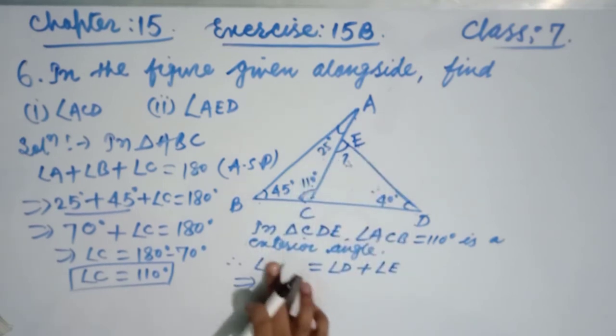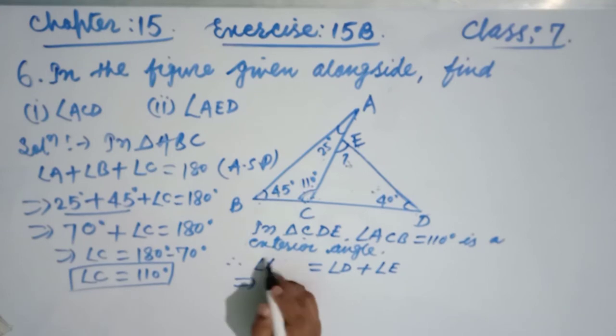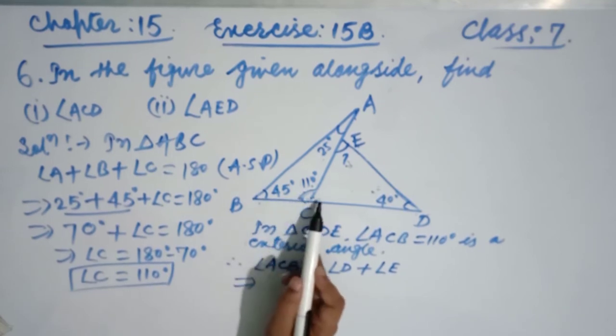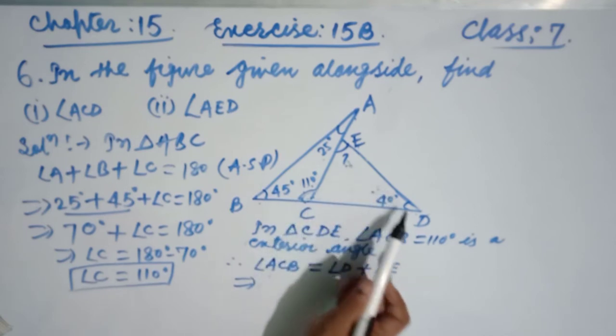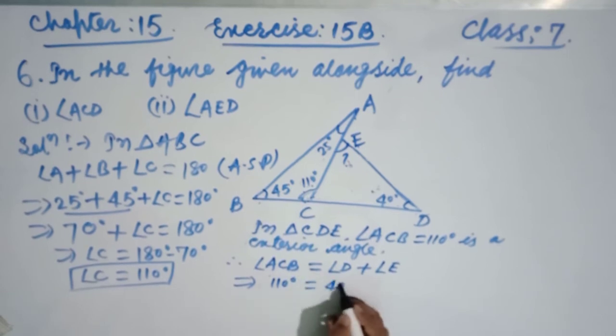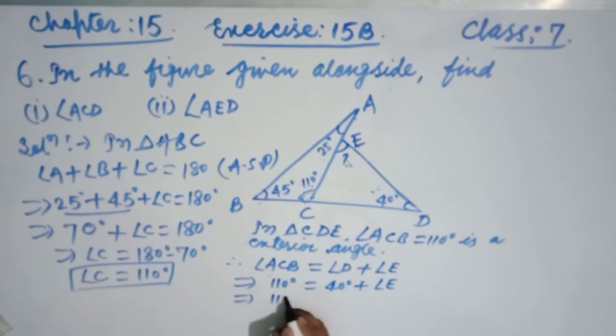Sorry, actually this angle is equal to angle ACB. The exterior angle ACB is equal to the sum of the two opposite interior angles, this angle D plus this angle E. ACB is given as 110 degrees. Angle D is 40 degrees, and angle E we write as it is. 110 as it is, bring this 40 across, it becomes minus 40.